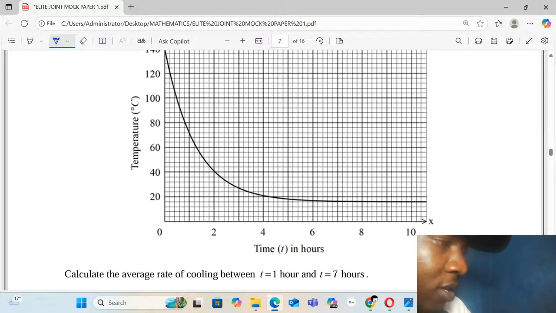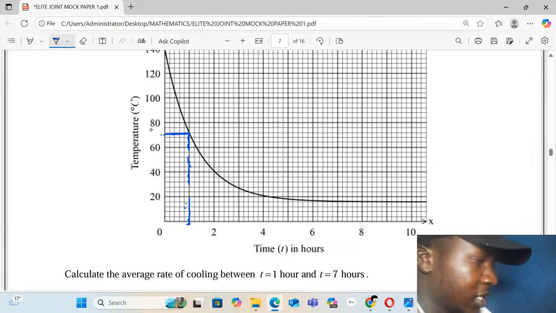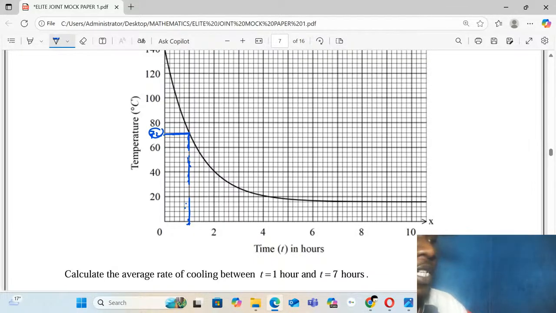So when T is 1 hour, we can follow it up this way. This is where we have 1 hour. You can use dotted lines so that you move to this side. At this point we shall have our temperature around 72 degrees, that is when T is 1.